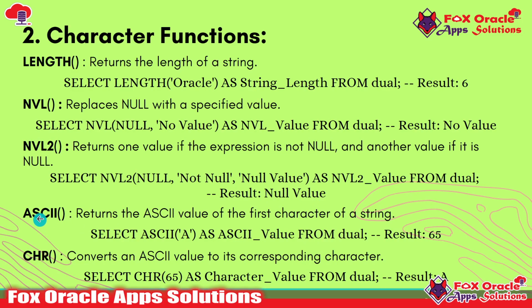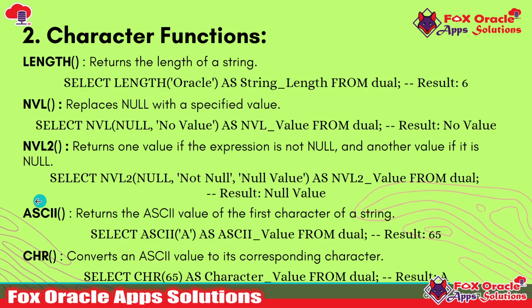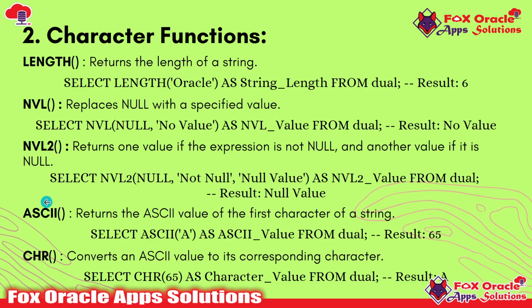Now next is ASCII. The full form is American Standard Code for Information Interchange. This is a standard code we are using for system definition. For example, here you can see for each and every character in the front end everything appears as a character, but in the back end it is converted into ASCII and then binary.